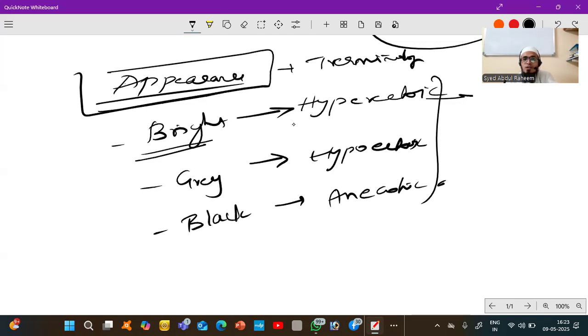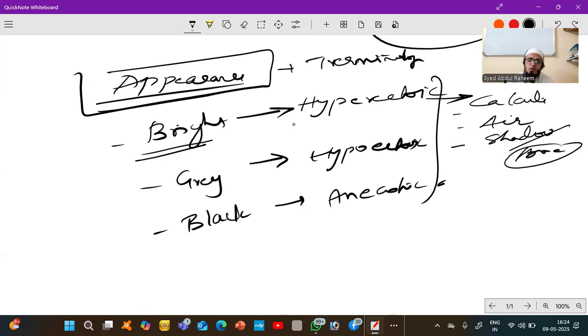If there is hyperechoic, meaning bright color, there are possibilities of three things. One, it may be calculi, or air, or the third one is bone, meaning calcification. So if you are getting a white, bright color image, and hyperechoic is written in the USG report, it means there is calculi or air present. We have to remember.